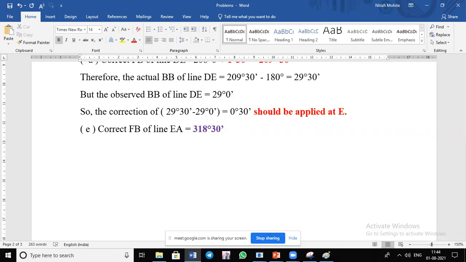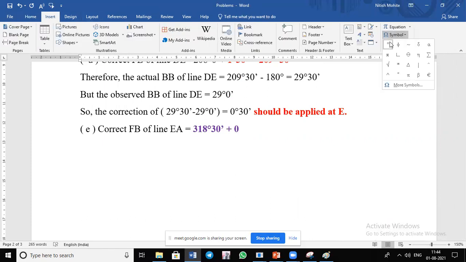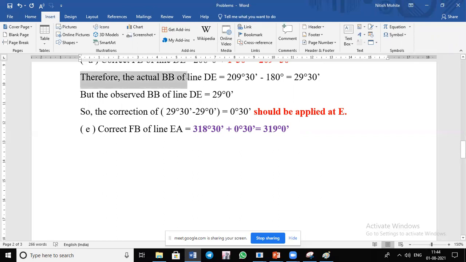That is 0 degree 30 minutes will give me the correct forebearing of the line EA. So it is coming out to be 319 degree 0 minutes. And again, in order to calculate the actual back bearing of line EA, we are going to deduct it. Why? Because it is greater than 180 degree. When it is lesser than 180 degree, we are going to add it. And when it is greater than, we are going to deduct it.